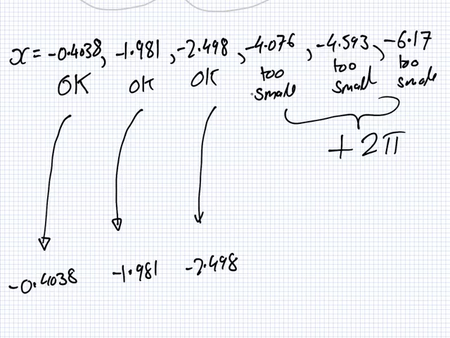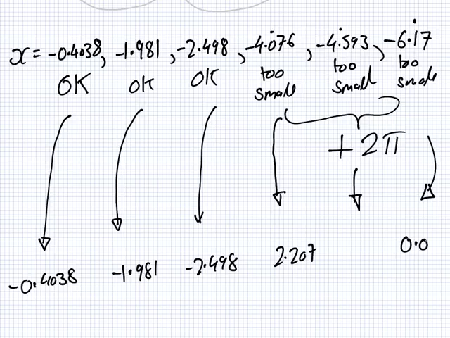Who has calculators? Help me out here. One person, can you add 2 pi to this? Someone else, 2 pi to this. And Eric, do you have a calculator? Can you give me the last one then? So what's the first one when I add 2 pi, please? 2.207. Great. And the next one? And Eric, what's the last one? 0.01.